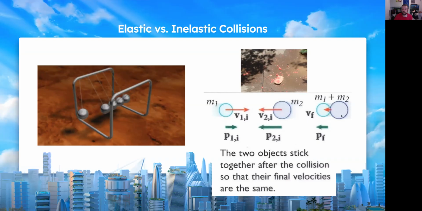All right, that's an inelastic collision. The 2 objects stick together after the collision so that their final velocities end up being the same. Obviously, that velocity is going to be much smaller because the total mass of that final object is much bigger.